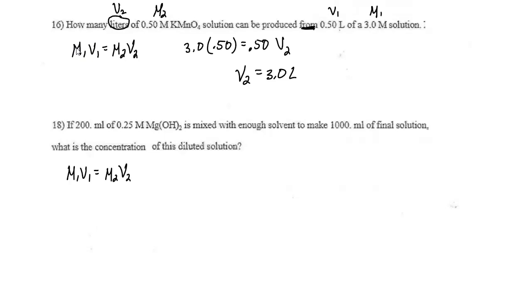What's the stuff we're starting with? 200 milliliters, volume 1. 0.25 molar, molarity 1. What happens? We mix in more water and we make a new solution. This is volume 2, and the question is, what is the concentration of the new solution? That's M2.